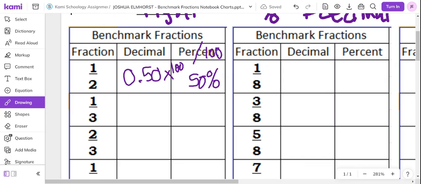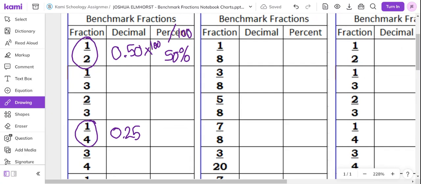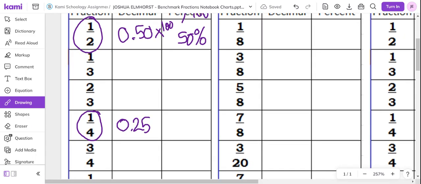I'm not going to do 1/3 just yet. I'm going to go down here, and instead of 1 divided by 2, now I'm going to divide by 2 again to get quarters. How much is half of 50? 25. And then what if you had 3 of those?